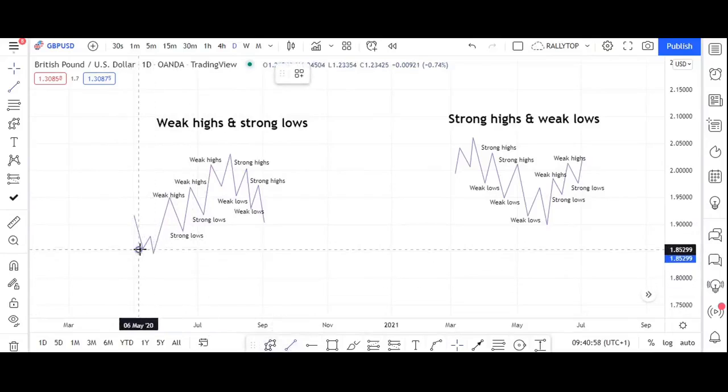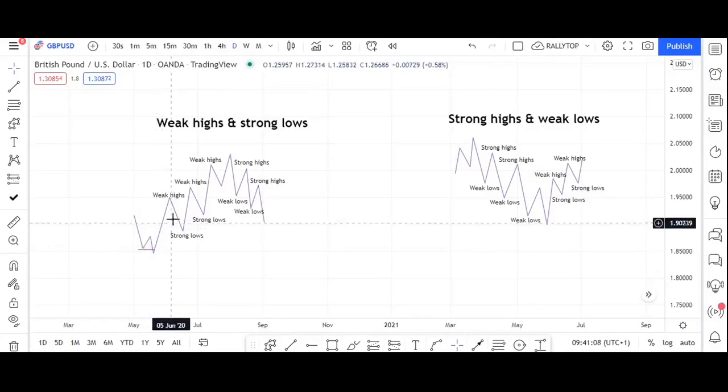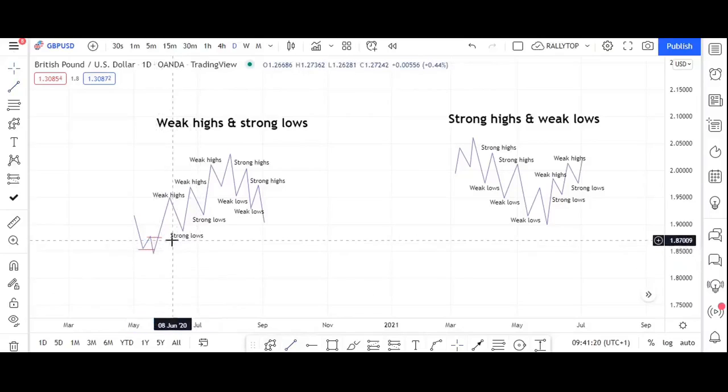Can you see that, guys? And immediately after price violated that low, price rallied back up to break this structure high here. Can you see this structure high was broken?